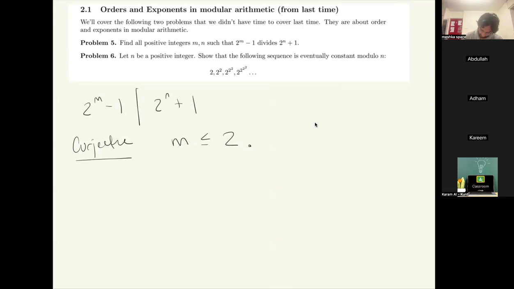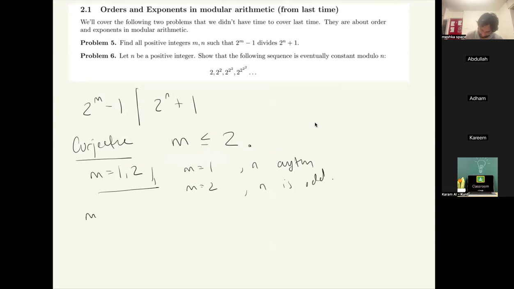Okay, so m equals 1 and 2 we can just check explicitly. If m equals 1, n is anything, and if m is 2, then you have divisibility by 3, so n is odd. Okay, good.